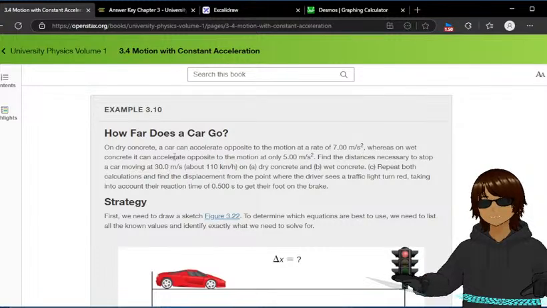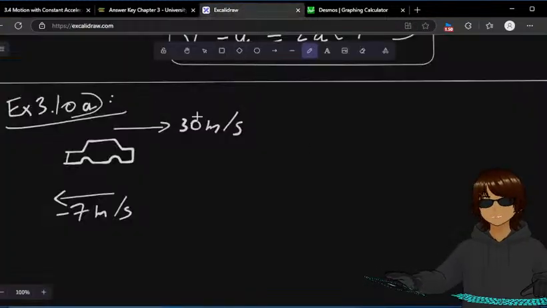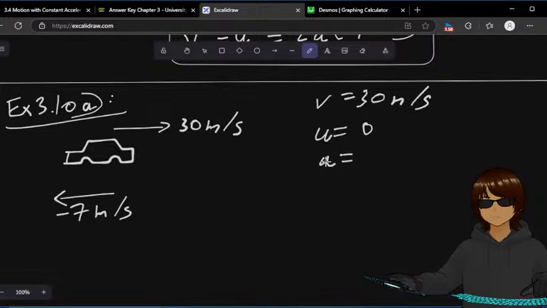Okay, so what they're asking is that we start with 30 meters per second, we end with 0, and the acceleration is constant.